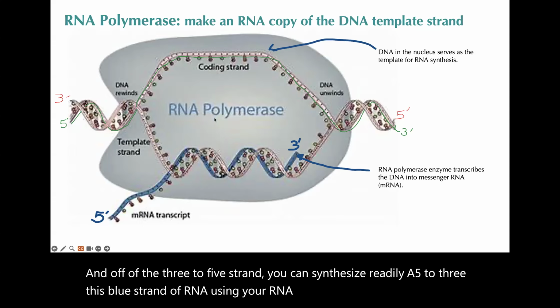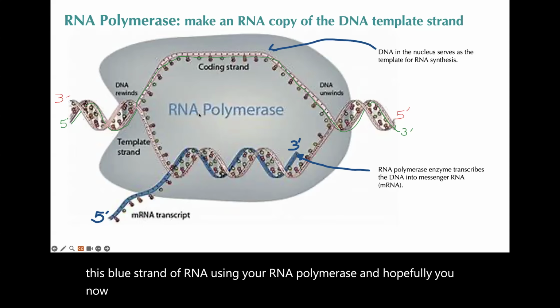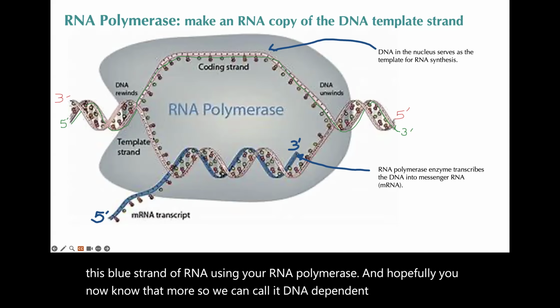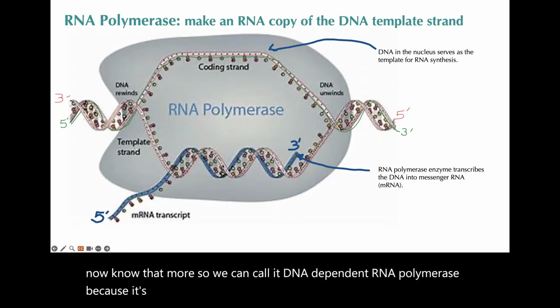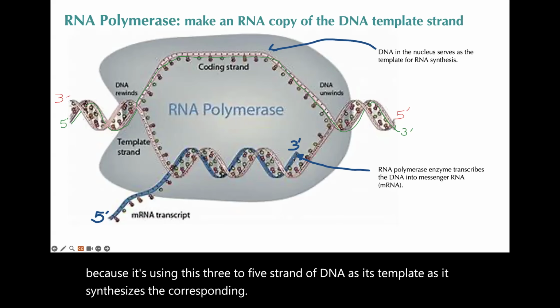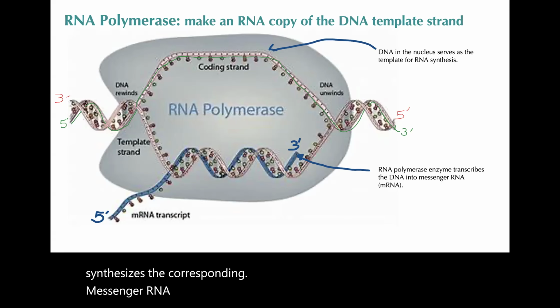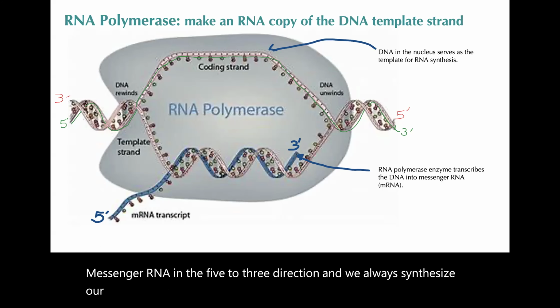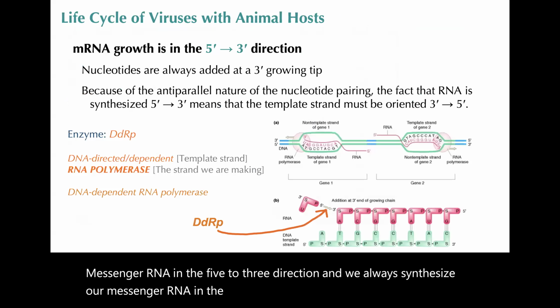And hopefully you now know we can call it DNA-dependent RNA polymerase because it's using this 3' to 5' strand of DNA as its template as it synthesizes the corresponding messenger RNA in the 5' to 3' direction. And we always synthesize our messenger RNA in the 5' to 3' direction.